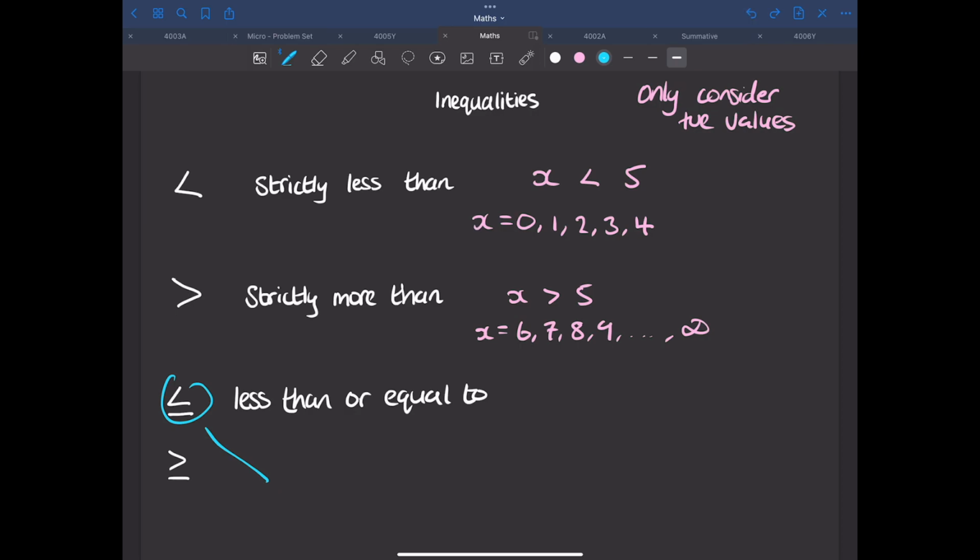So when x is less than or equal to 5, x can equal 0, 1, 2, 3, 4, and 5. It includes 5 because it's equal to. These two don't have equal signs, which is why they're strictly less than and strictly more than.